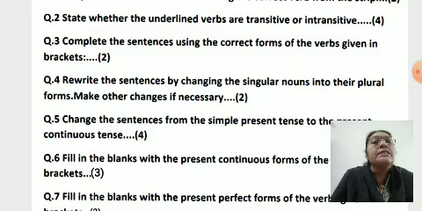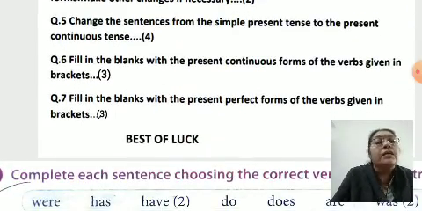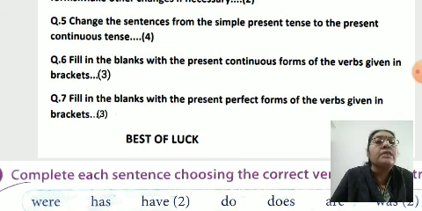Change the sentences from the simple present tense to the present continuous tense. In present continuous tense we use the to be verb form am, is, are plus the verb with ing, as per the subject. I am going, we are going, you are going, he, she, it and a singular name is going, they are going.